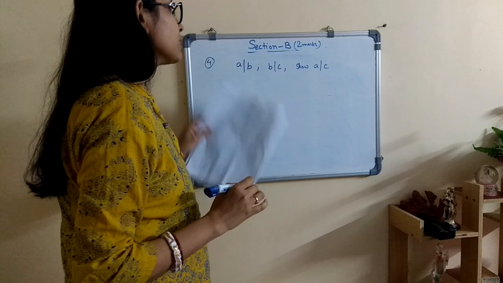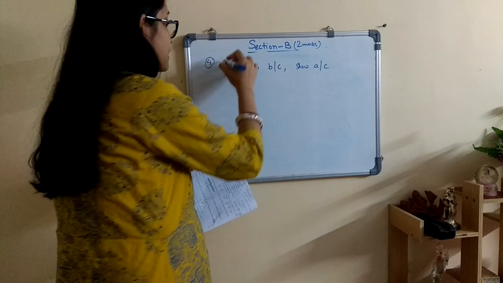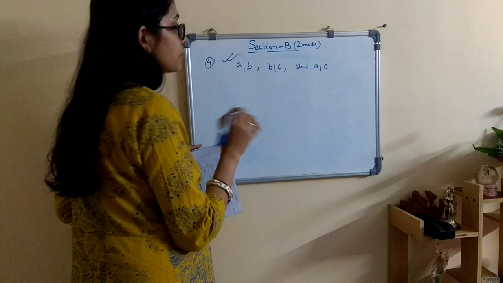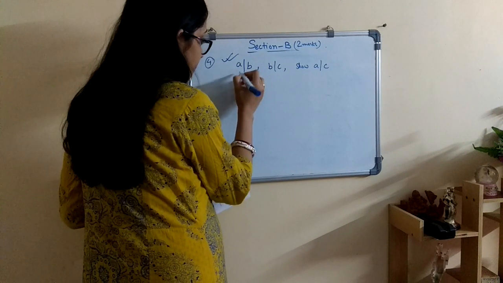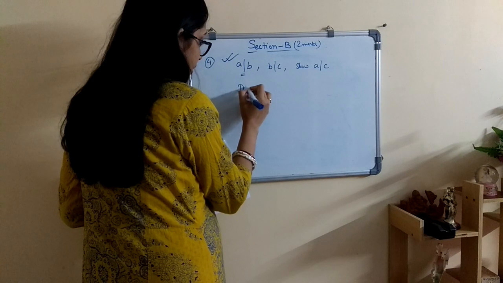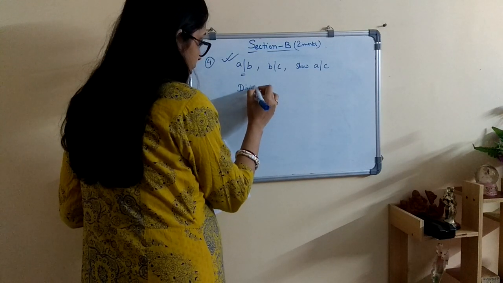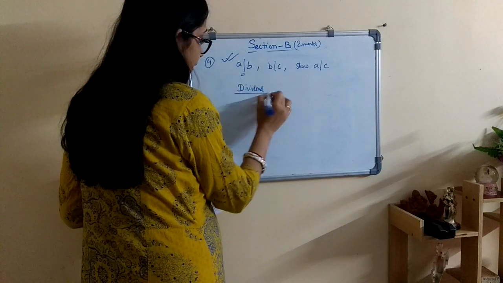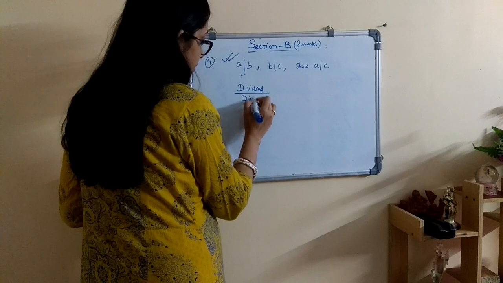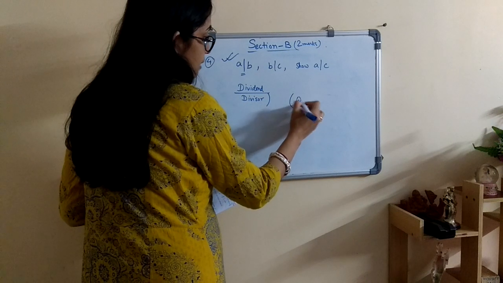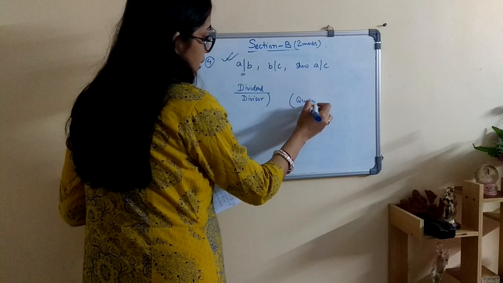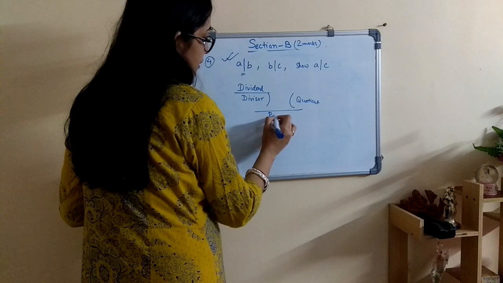Before going to the property, what do you mean by divisibility? When we divide anything, suppose we divide the dividend by the divisor, as a result we get a quotient and remainder.